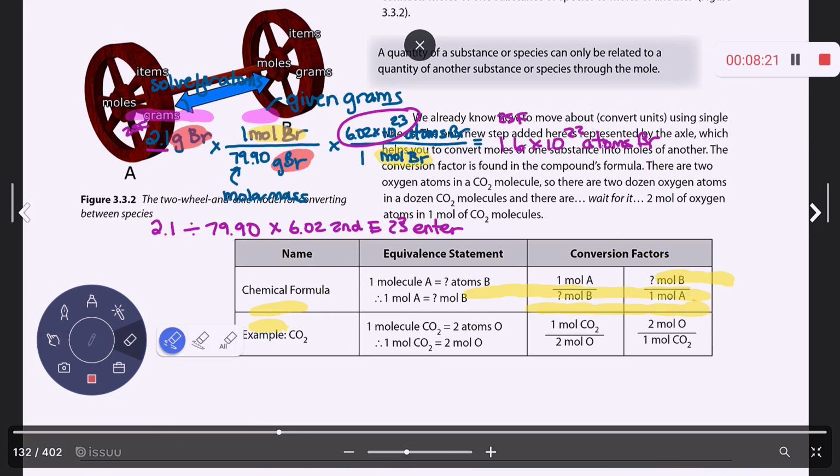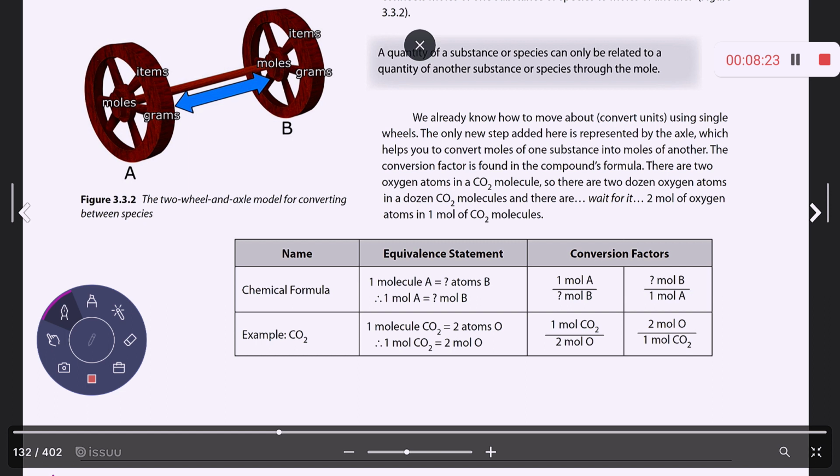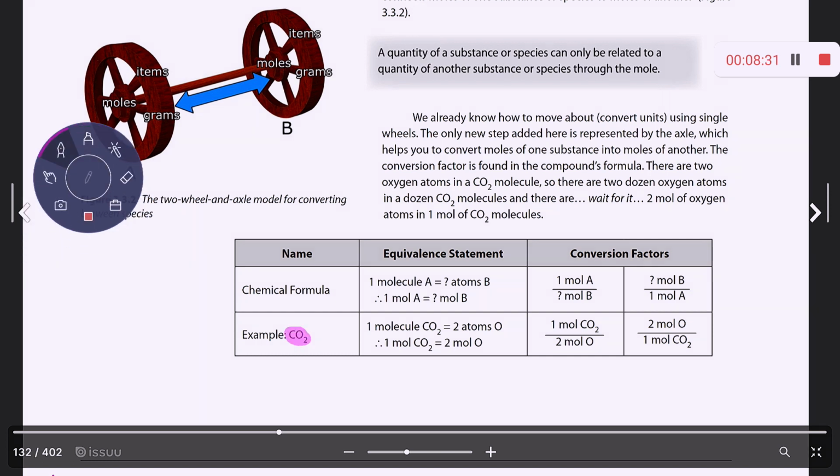I'm going to introduce mole ratios within formulas. Let me give you an example. Let's say we're looking at carbon dioxide. If I have a mole of carbon dioxide, how many oxygens are in the formula for CO2? 2.